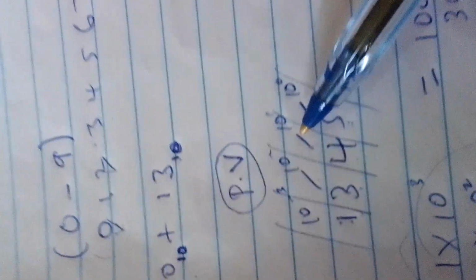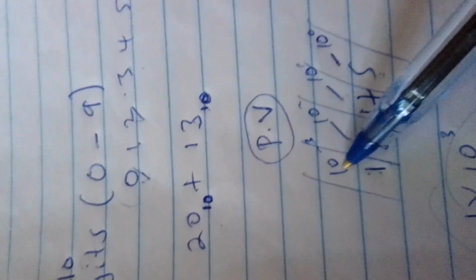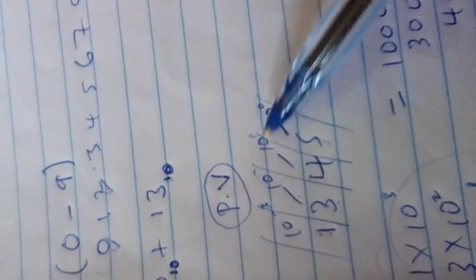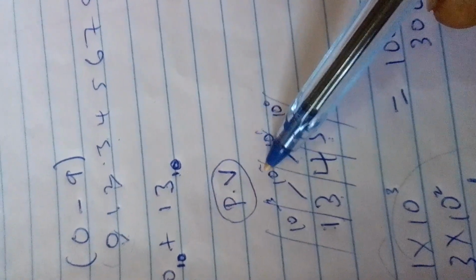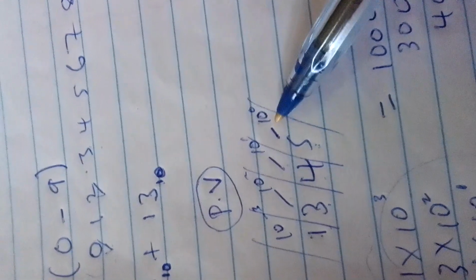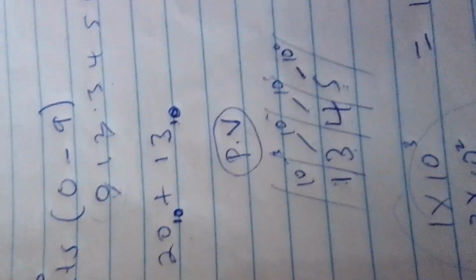In a base 10 number, the place values will go up in factors of 10. You are able to see we have 10 raised to 0, 1, 2, 3. So the place values of each and every digit will go up in factors of 10. That is a decimal number system.